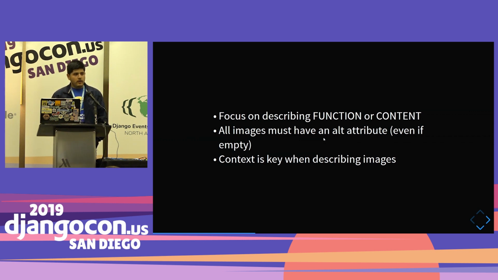Then it's very important that all images have a defined alt attribute, even if the attribute is empty. You do not want to have images that just don't have an alt attribute at all. We'll see why next. Then remember that context is super important when describing images, because in some context, defining or leaving the alt attribute empty is the best choice for that image.